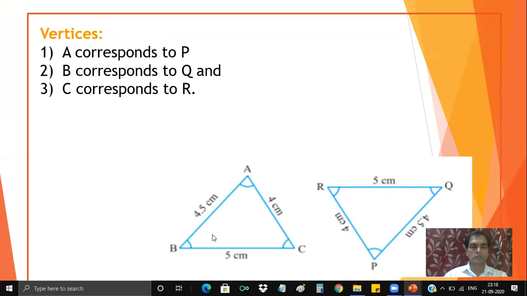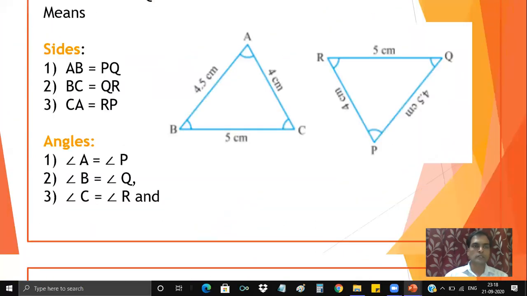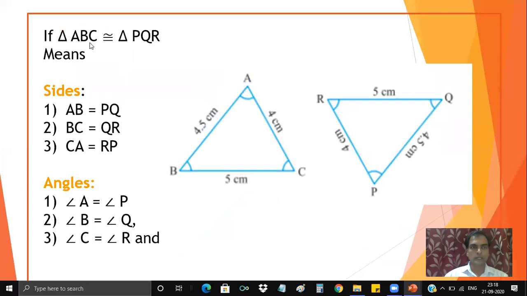Now this is about the vertices of congruent triangles. Here you can see A corresponds to P, B corresponds to Q, and C corresponds to R. It depends on the order, as you can see here, triangle ABC is congruent to triangle PQR.